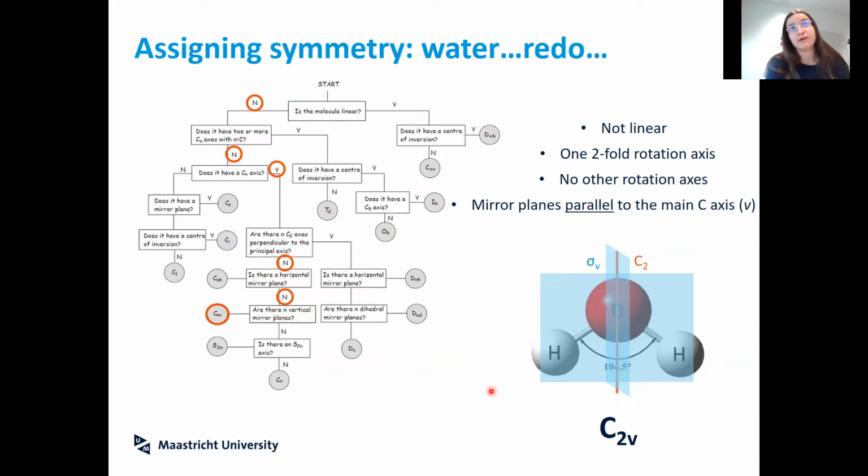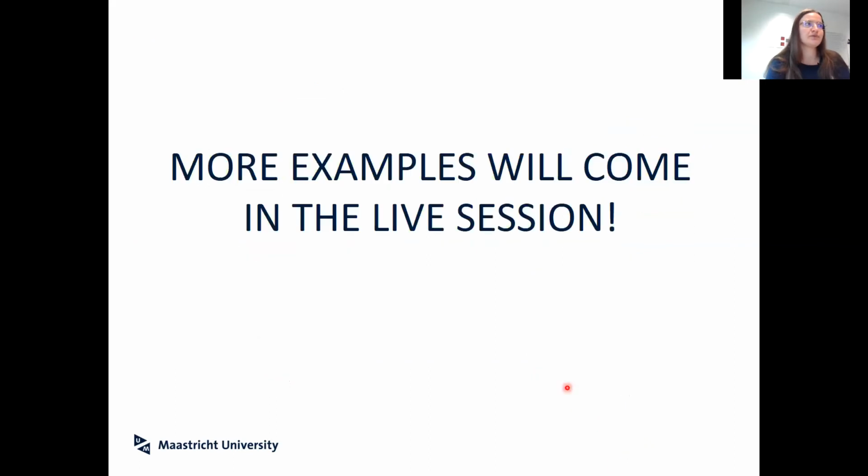When we're doing point group derivation, I will give you these same flowcharts. So you can see here that by following the same path and the same questions, you land on the same type of point group. When we do this, more examples will follow in the live session.